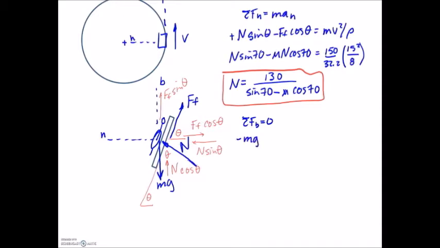Minus mg. That's this one going down, and b is positive going up, so I have minus mg plus N cos 70 plus force of friction sine 70, and that's equal to 0.